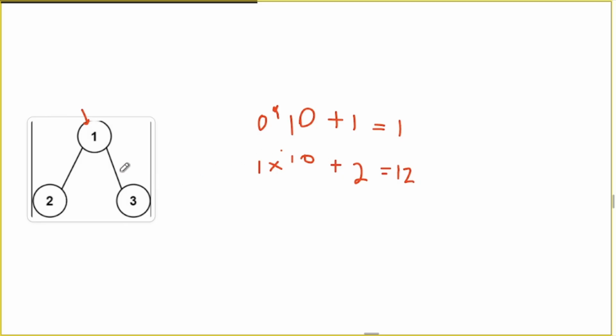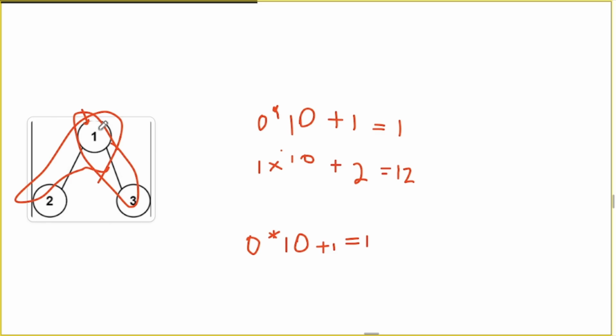So 12 is the sum from the root to leaf. Now for the second path we can do the same. We multiply 0 with 10, then add the first node's number, and we get 1.